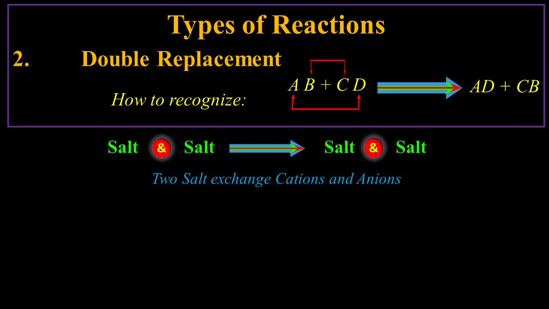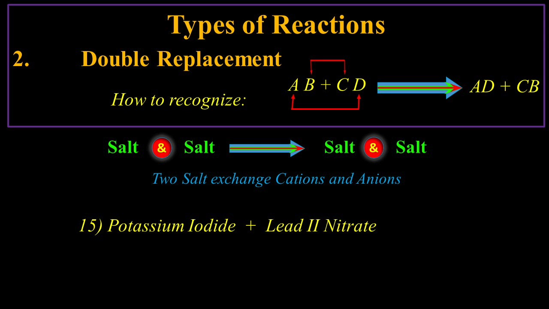So let's go right to an example where we see that it's an exchange. So you have potassium iodide plus lead-2 nitrate. Well, the potassium will go with the nitrate, and the lead-2 will go with the iodide. So you'll end up with potassium nitrate plus lead-2 iodide.